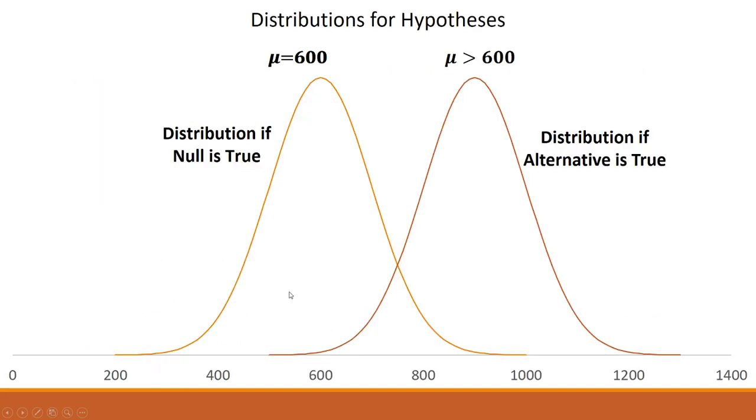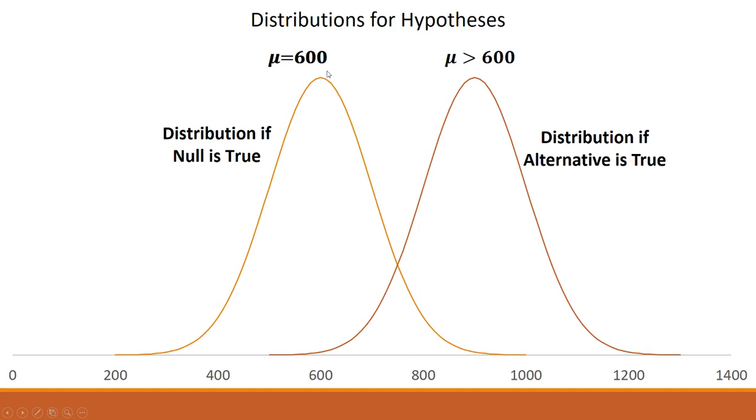So let's look at that. Here I have a sampling distribution of the mean, what it would be if the null hypothesis was true. Now, I don't know if this is the true sampling distribution of the mean or not. But this is what it would be if the null hypothesis were true.